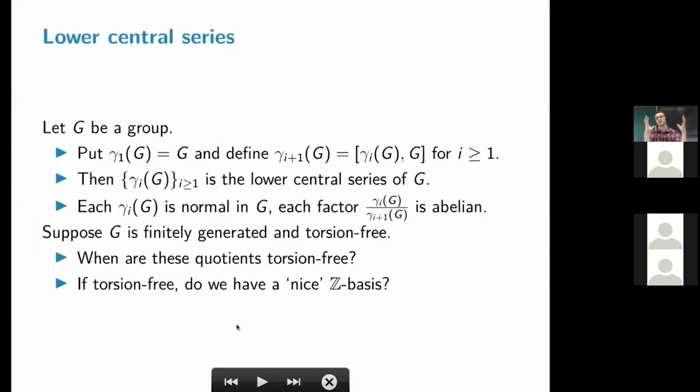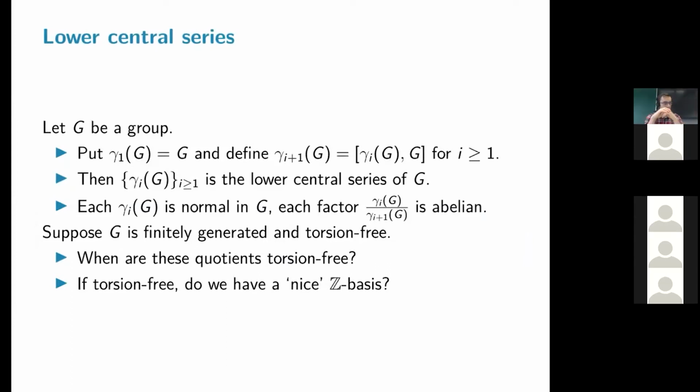Okay, so these are to some extent the easy types of constructions or properties you can investigate on group level and how they come from graph theory. I want to end with a bit more involved example, namely the concept of the lower central series of your group. So let me recall the algebra behind this.